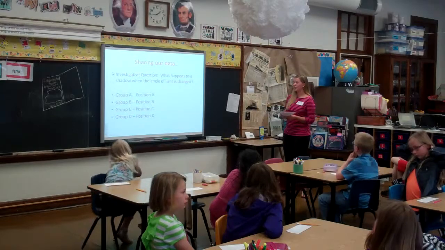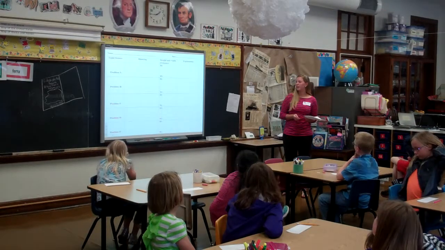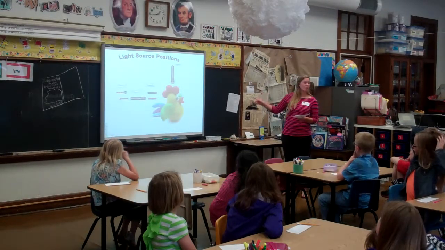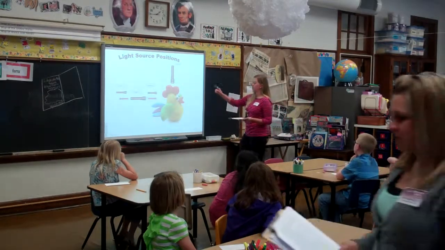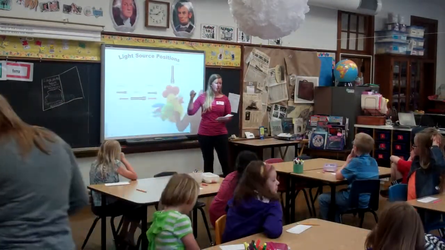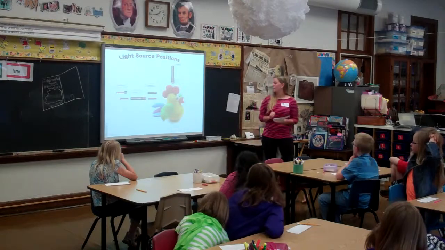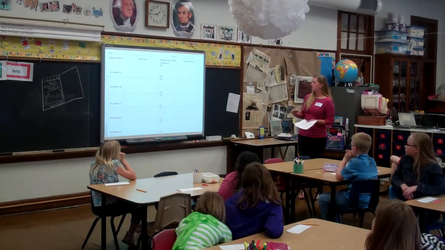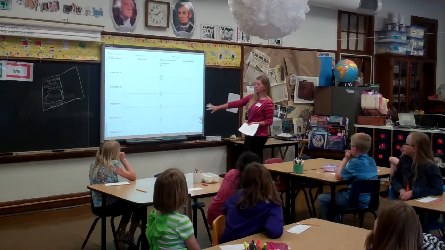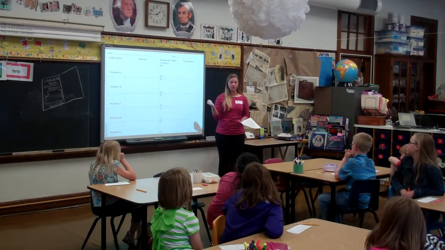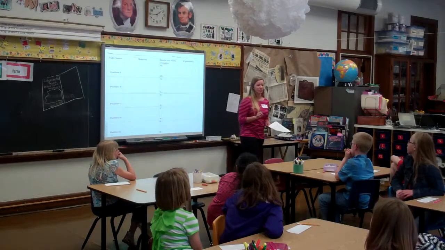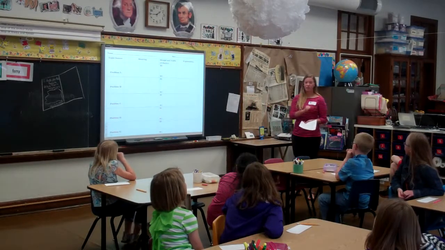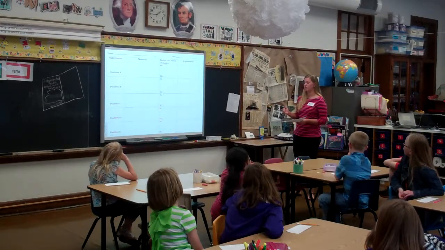So you're going to get this sheet, okay, and it's going to show you the different positions that you're going to hold your flashlight at. So there's actually 5 positions. Position E, you're going to be able to just pick one position that you haven't already done, and you can put it wherever you want to see what kind of shadow it creates, okay?